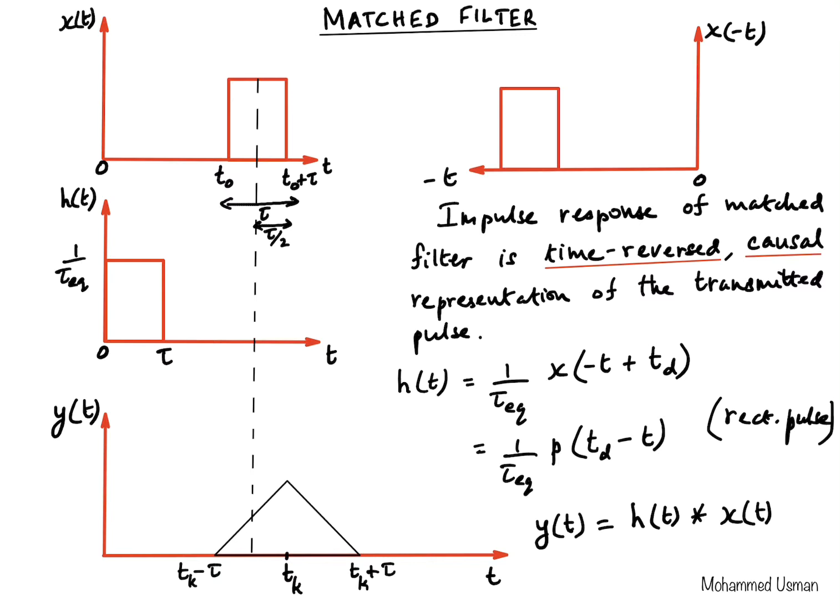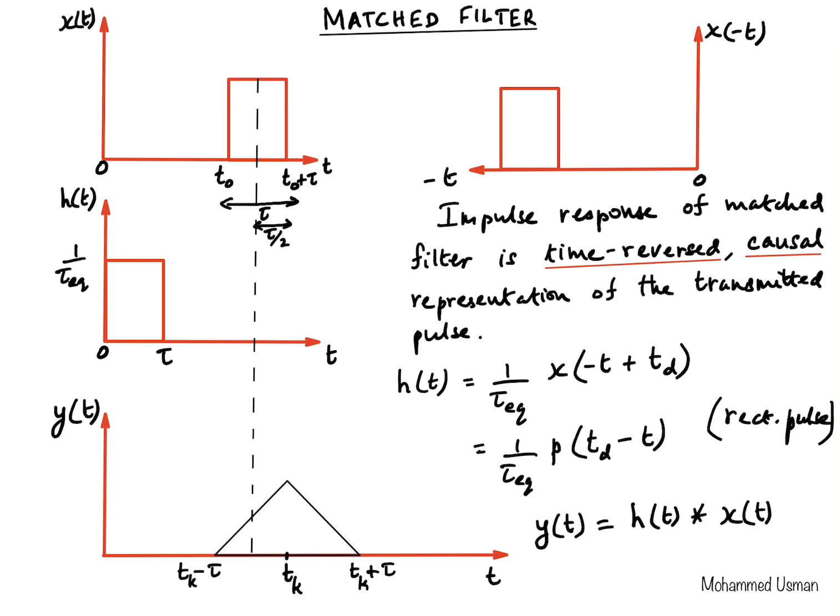So the convolution operation doubles the length of the input. That is, h of t has a width of tau, x of t has a width of another tau, and the convolution operation basically doubles it. You see the width of this triangle is from tk minus tau to tk plus tau, so that entire width is 2 tau. The middle is tk, there's tau on one side and another tau on the other side. So the width of the output is double. That means it is spreading out the output.